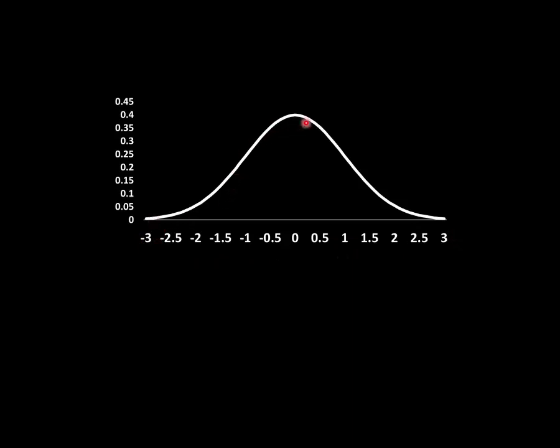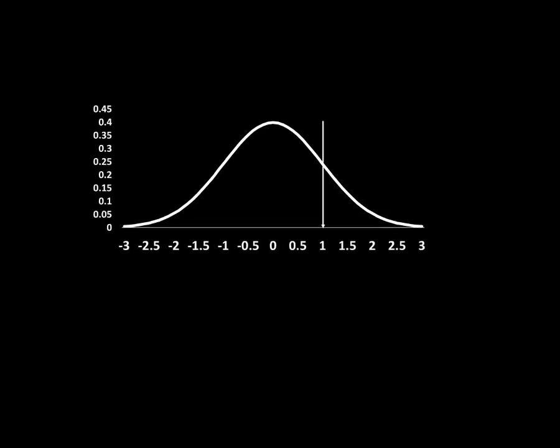We get a nice normal distribution, and we are going to take a random sample of just one person from this population. What is the probability that I would get a member who has a value of exactly 1? Well, it turns out that this probability is 0. Actually, I think it's technically undefined.